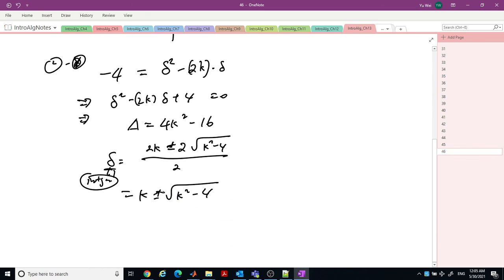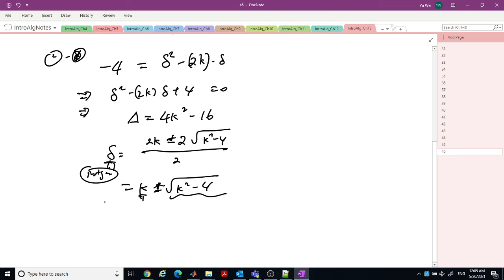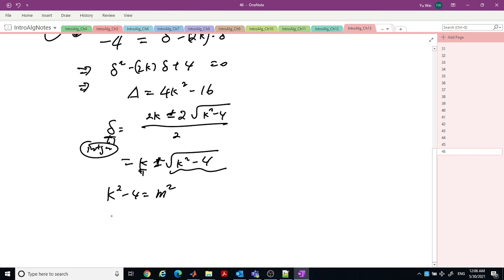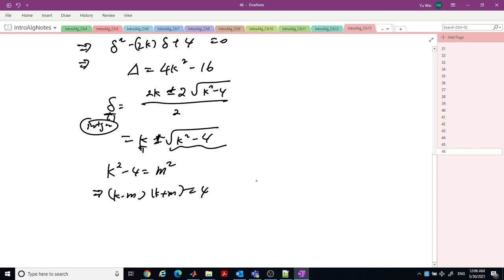If delta is an integer, now we know here is an integer. We know this one must be an integer. So we want k squared minus 4 to equal m squared, right? So now we can see it's (k minus m)(k plus m) equals 4, right? Since k minus m is less than k plus m, then we can try to solve it.